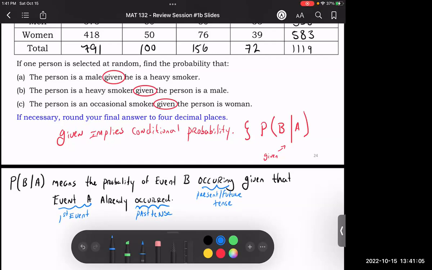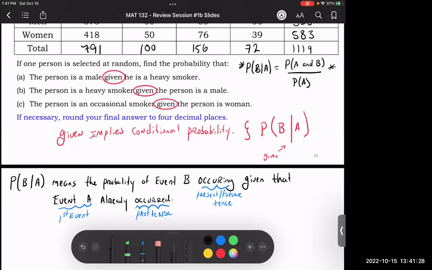So the formula for this, by the way, I never use it. I mean, you can, but you do it intuitively. It says that the probability of B given A is equal to the probability of A and B, whatever they have in common, divided by the probability of A. But again, I don't use this formula in detail.